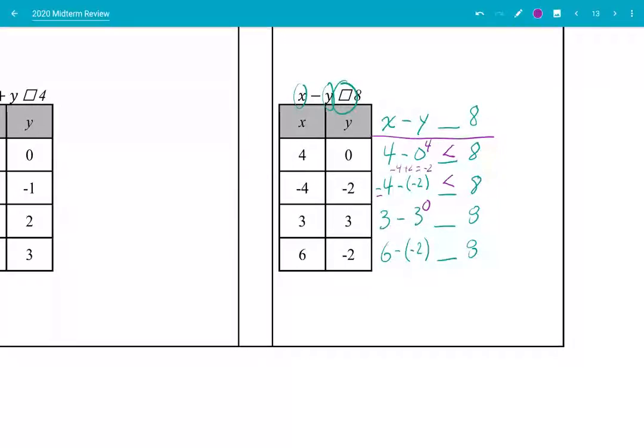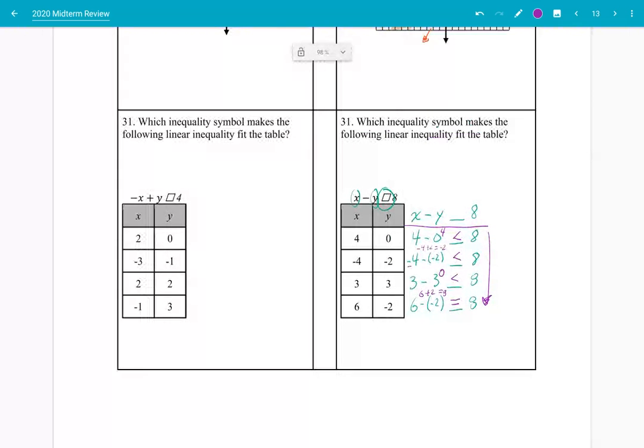Okay, 3 minus 3 is 0, and that's less than 8. 6 minus a minus 2 is actually 6 plus 2, isn't it? And that is 8, and that equals 8. So that's why we need to do all 4 of them. You might have up here gone, oh, it's less than. Nope, got to do them all. So the inequality symbol that works is less than or equal to, because this one right here makes it equal.